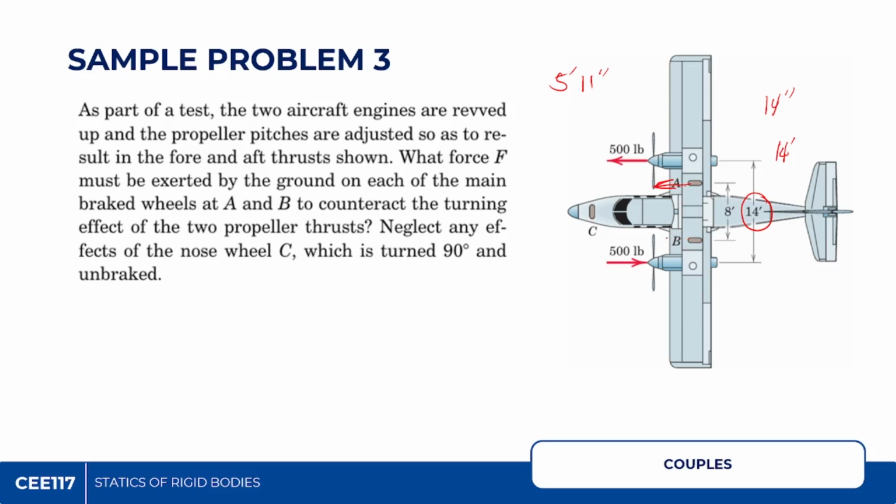Okay, we will also have a couple here. So, you have here your F and F. Basically, you just need to equate the couple created by the 500 pound forces and the couple created by the force F at its perpendicular distance. So, in other words, this is 500 times 14 feet equal to force times 8 feet.